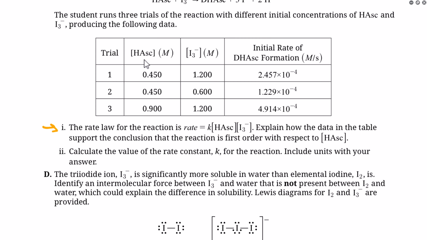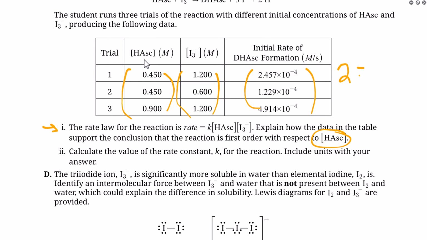That's quite nice. Remember that when we do this, we need to find 2 reactions: one where HASC changes, but the other one does not. So we're going to be looking at experiments 1 and 3 here because I3 does not change, but HASC does. The concentration of HASC changes by a factor of 2, and when I look at the rate, it also changes by a factor of 2.